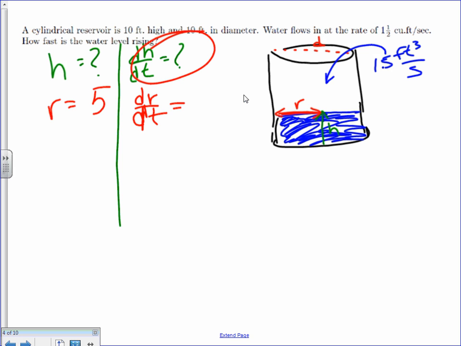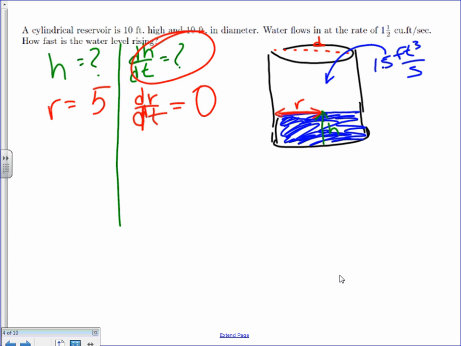That's a beautiful d, isn't it? It's where it's important that you understand what dr/dt means. dr/dt means the rate of change of the radius over time. So think, as this water fills up, how's this radius changing over time? Well, it's not, because the water is still going to be in this cylindrical shape. So the rate of change of the radius is 0.